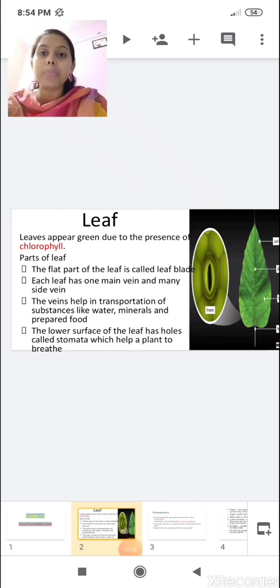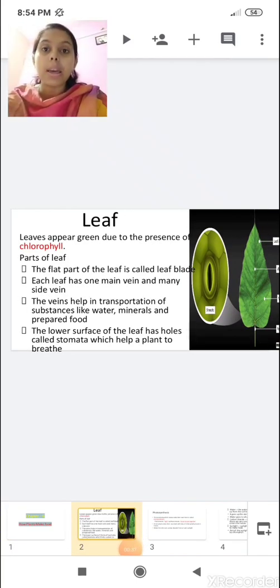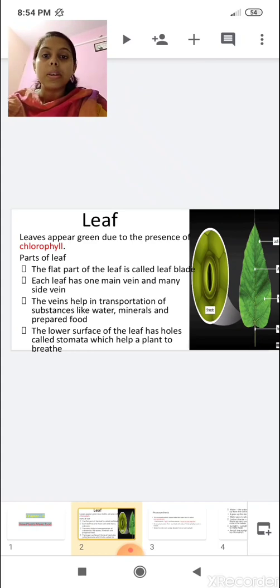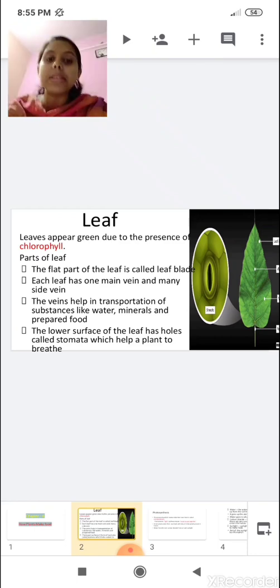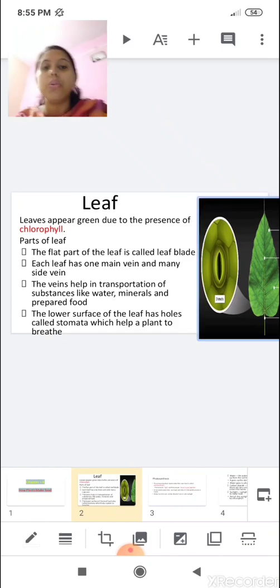So children, in the previous video we have seen that almost all plants are green in color. They are green because of chlorophyll. The leaves appear green due to the presence of chlorophyll.